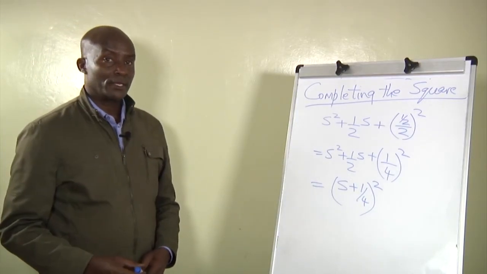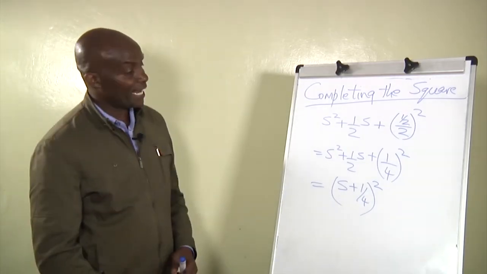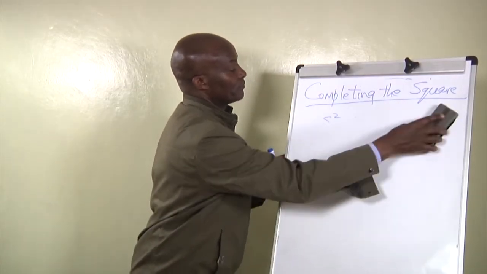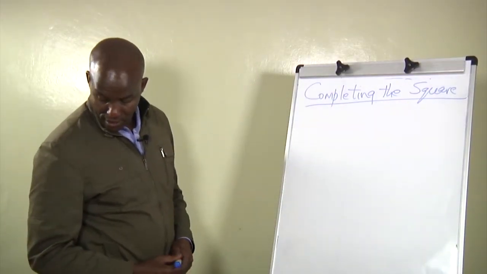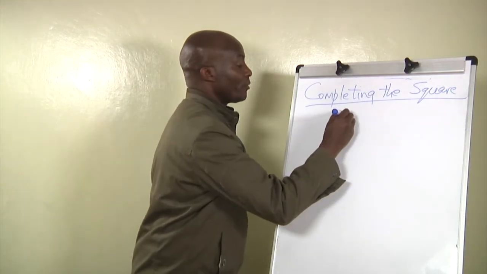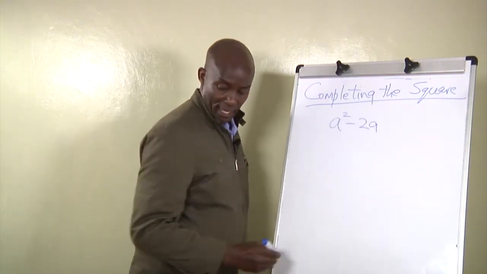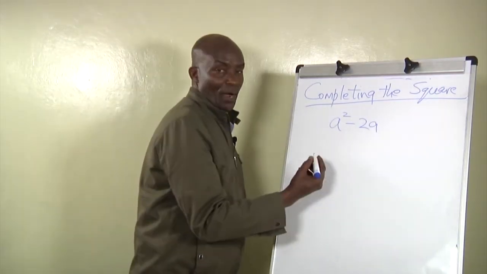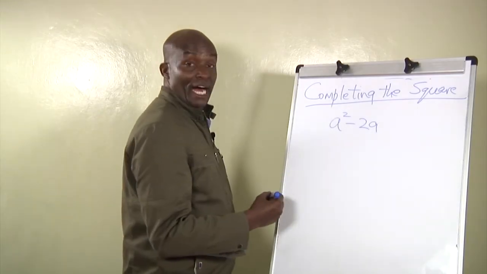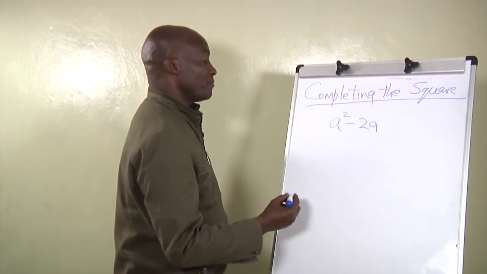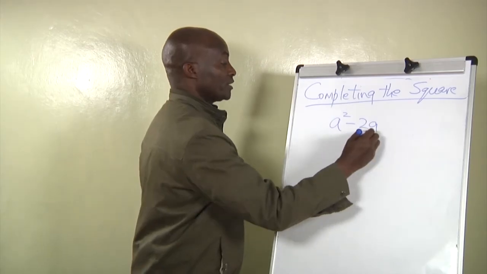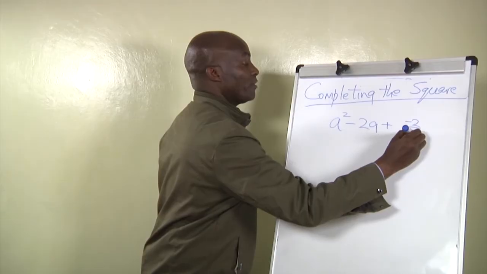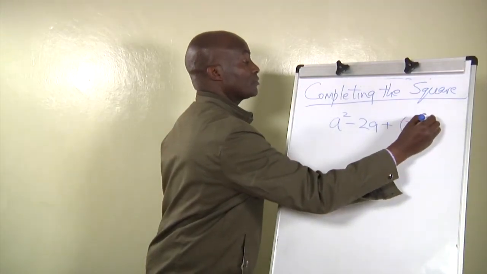Now, supposing the question has a minus sign for the middle term. You are given, make a squared minus 2a a perfect square. So again here we have to add the square of half of the coefficient of the middle term. So we will say plus negative 2 over 2 whole squared.